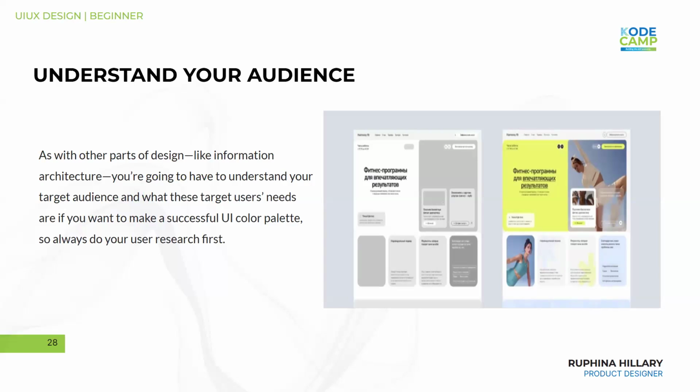We want to target our users' needs and ensure that the color palettes we are using will be successful at targeting our users' needs. So first things first, always do your user research. That's the reason why we did that research at the beginning phase, and it will still continue to inform us till this stage. If necessary, you go back and you do more research. That is never ending. Okay.